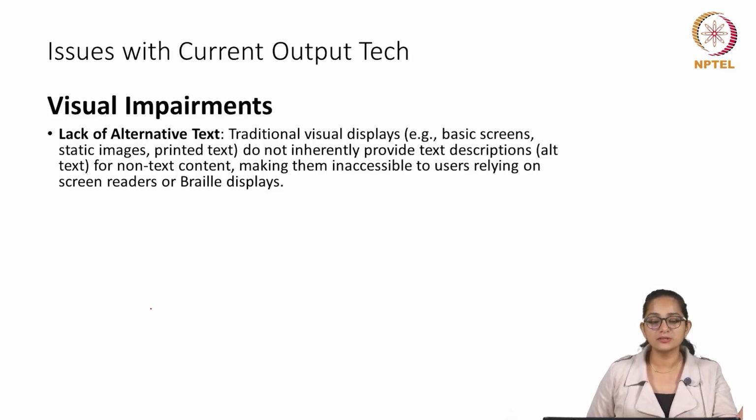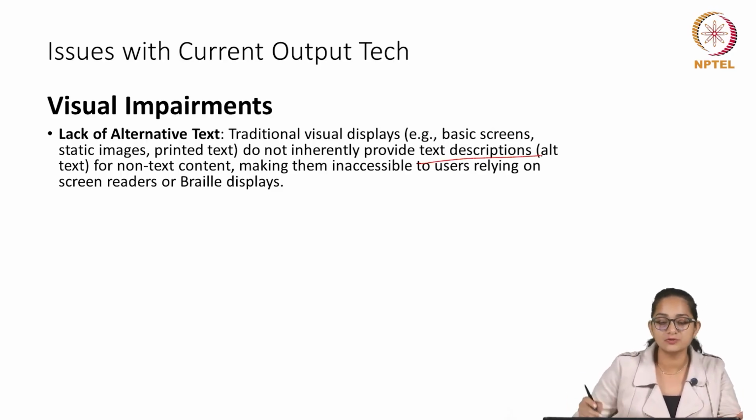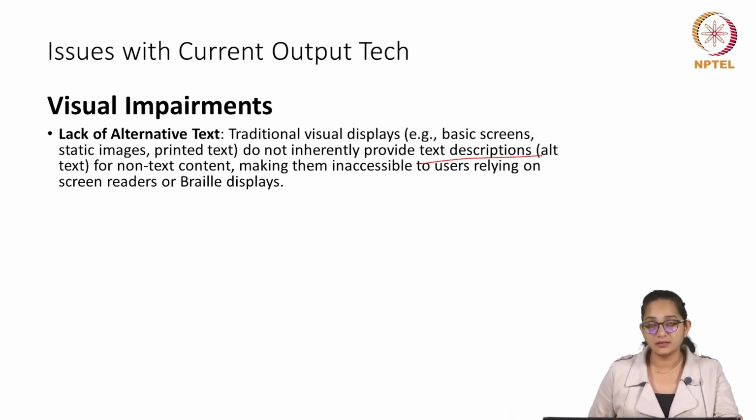So traditional visual displays or screens, static images etc. do not inherently provide text descriptions for non-text content. Non-text content means videos or images, making them inaccessible for users relying on screen readers or even braille displays for that matter.